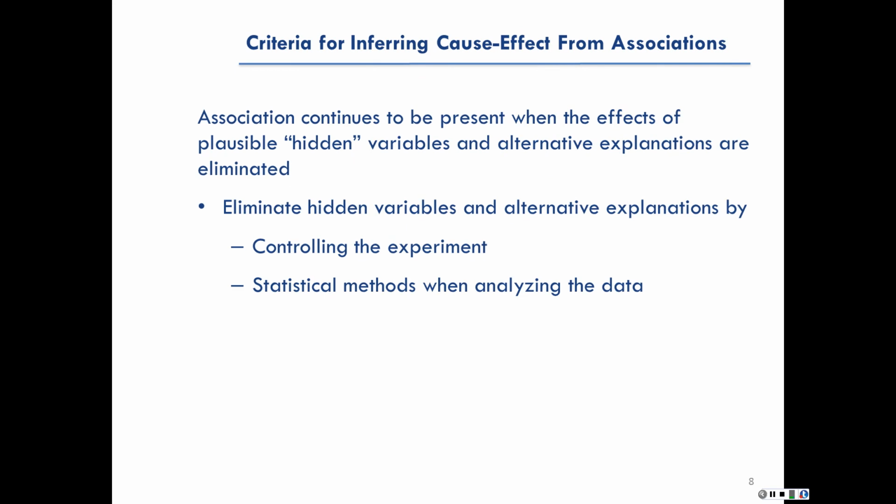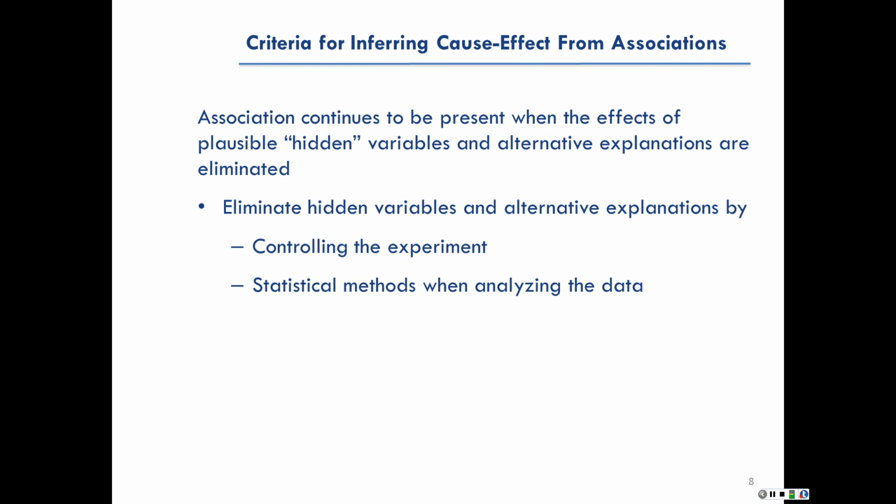It's also important for the association to continue to be present when the effects of other plausible hidden variables and alternative explanations are eliminated. We would want to make sure that we're controlling for other variables and considering other alternative explanations.